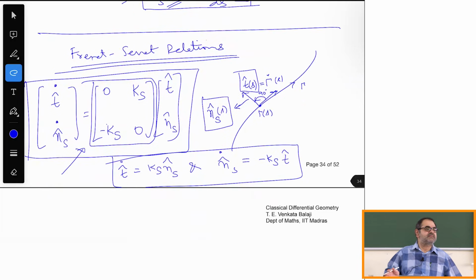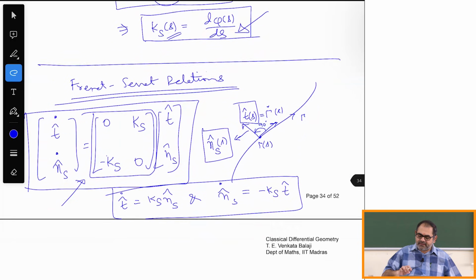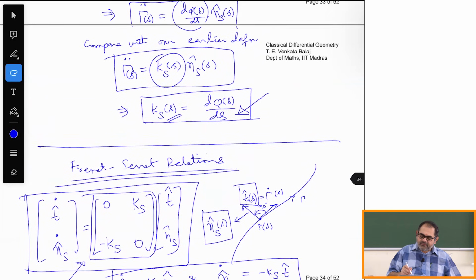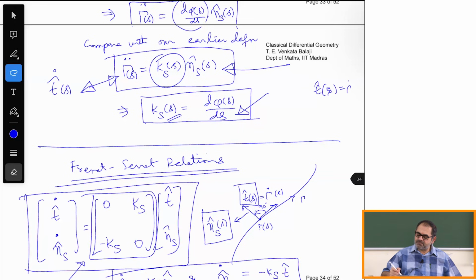But deriving this is a very, very easy thing. We have already written something here. This equation tells you, mind you, this is just T cap dot. Because T cap, the unit tangent, T cap of s is defined to be capital gamma dot of s.